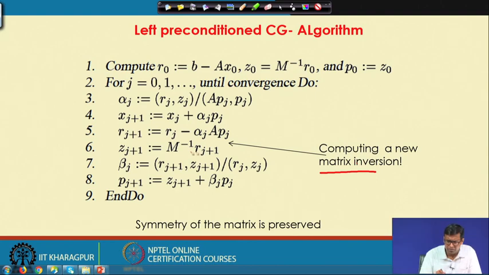I have to calculate M inverse, and that is what we will deliberate further at later stages, how M inverse should be obtained so that these steps do not add any extra overhead here.